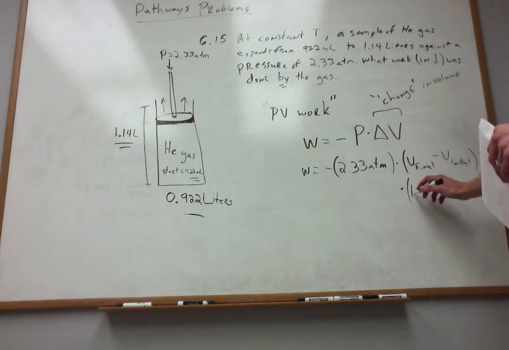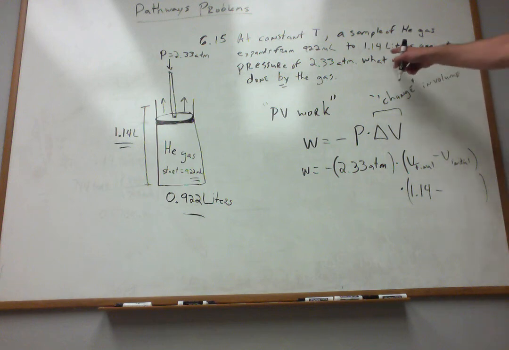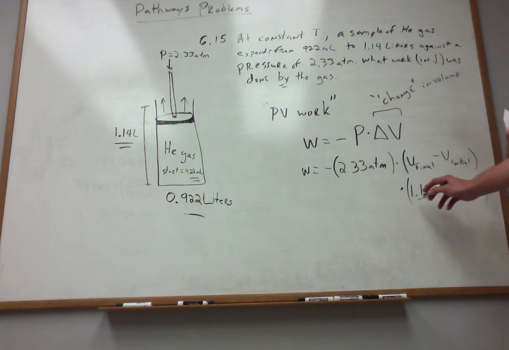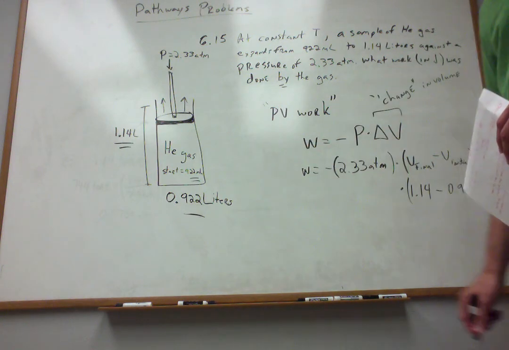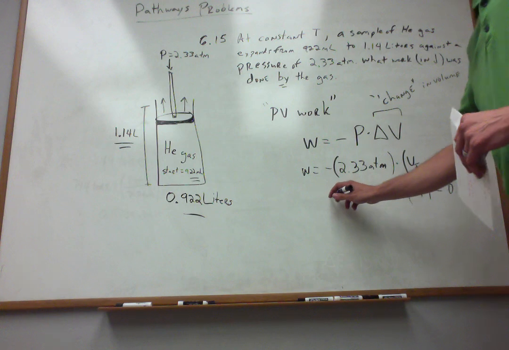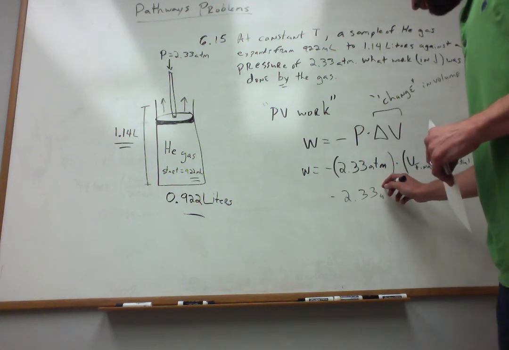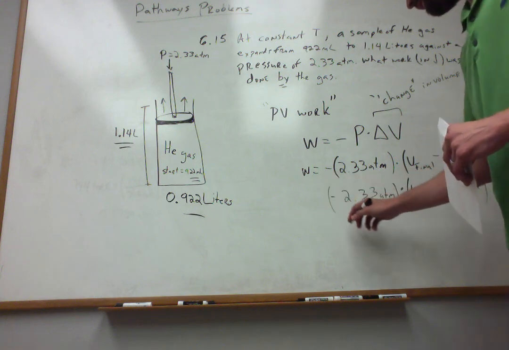All we need to do is take the final volume, which is 1.14 liters, given in the problem, and subtract the initial in liters, which is 0.922. These are both in liters, remember, we converted over here. Find that difference, multiply it by 2.33 atmospheres, and I'm in business.